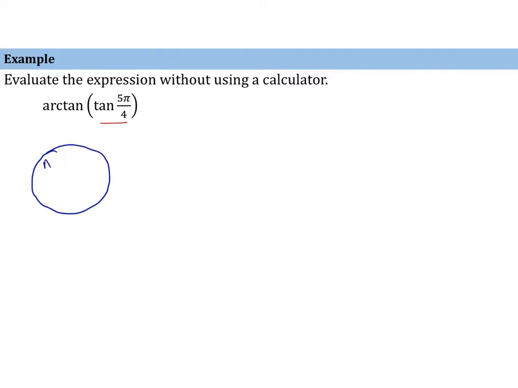So we have our angles and we have our ratios. And we're going to go from our angle to our ratio, and from our ratio to an angle. And what takes us from the angle to the ratio is the tangent function. What takes us back is the arctangent function in this example.